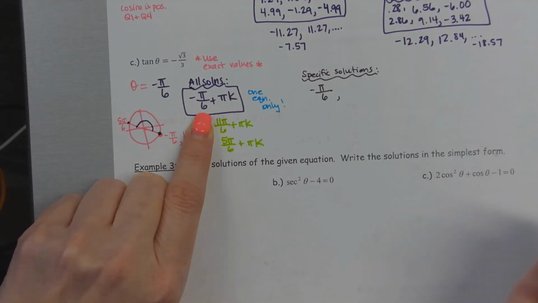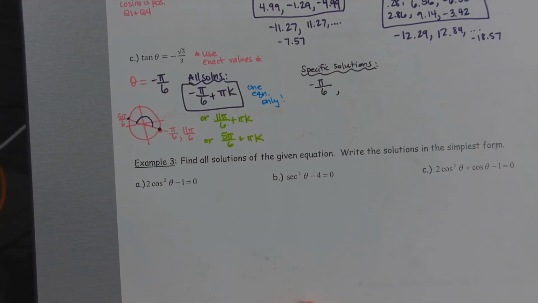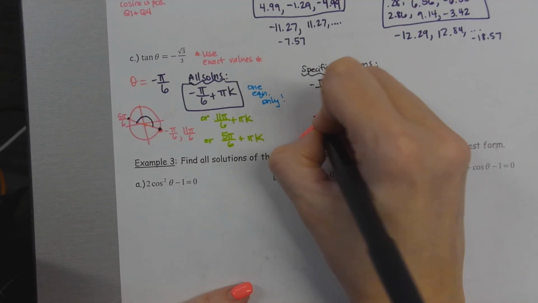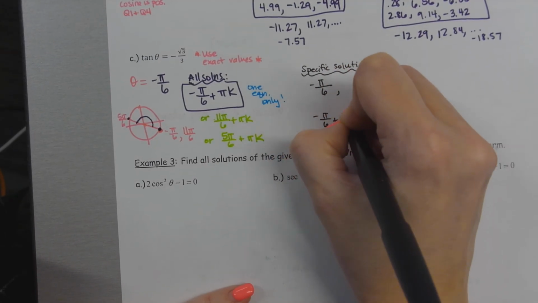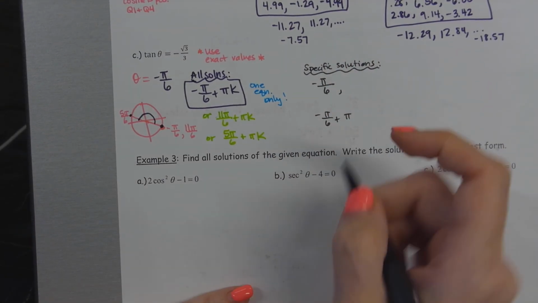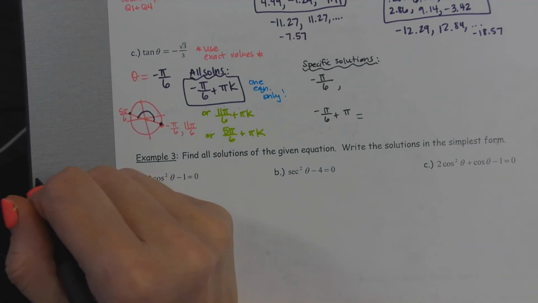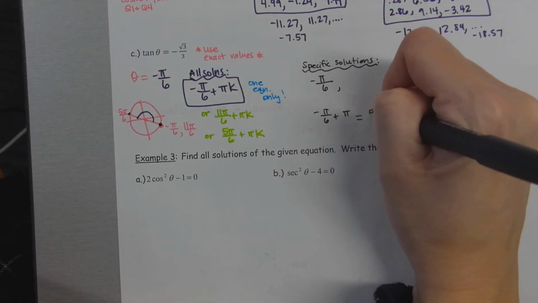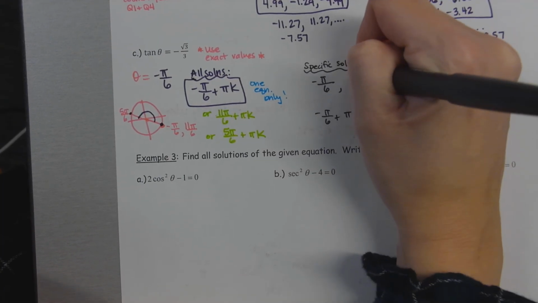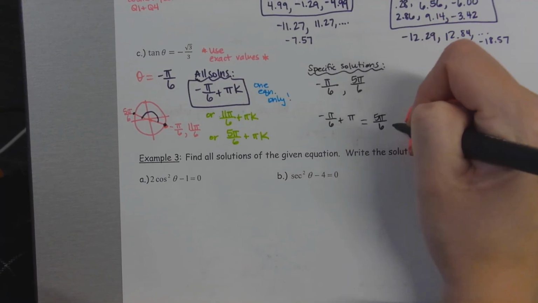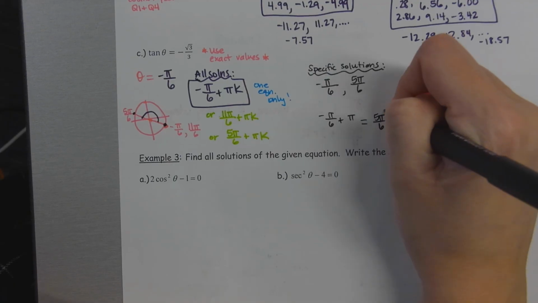Okay, the negative pi over 6. And if you do negative pi over 6 plus pi, that's like adding 6 pi over 6, right? So what's that going to give you? 5 pi over 6. So if you add pi to that, what do you get?